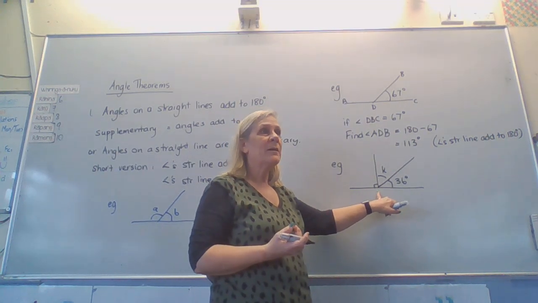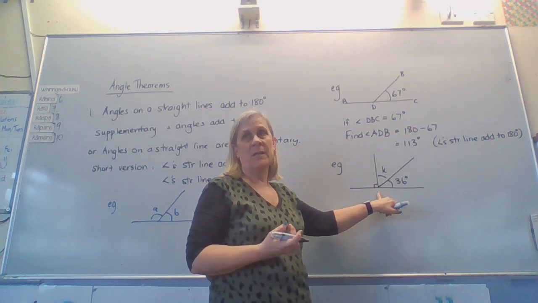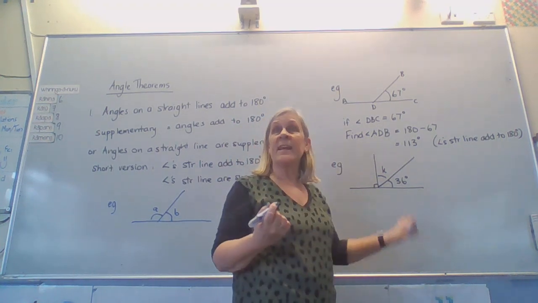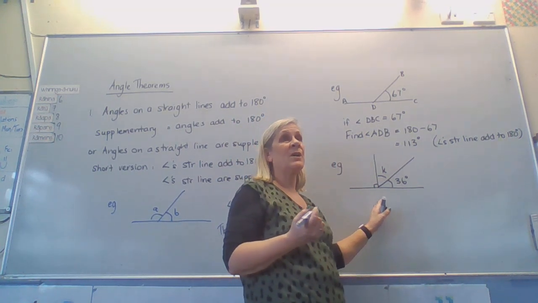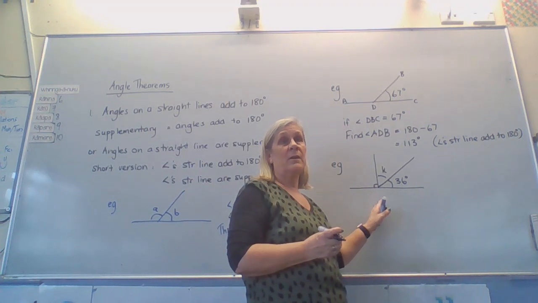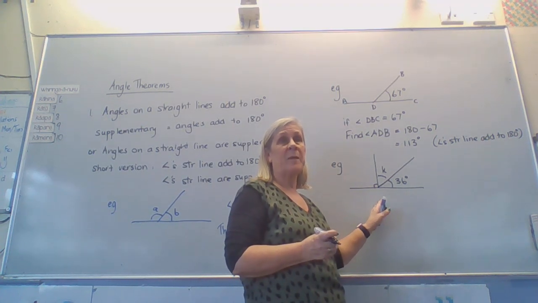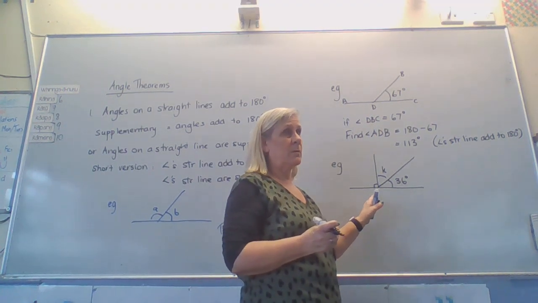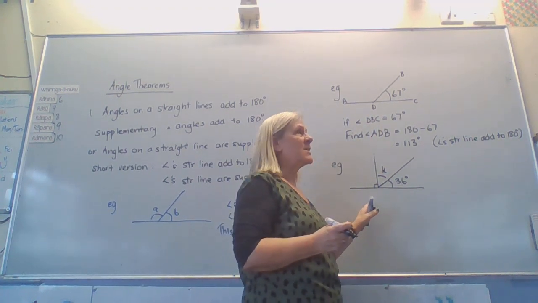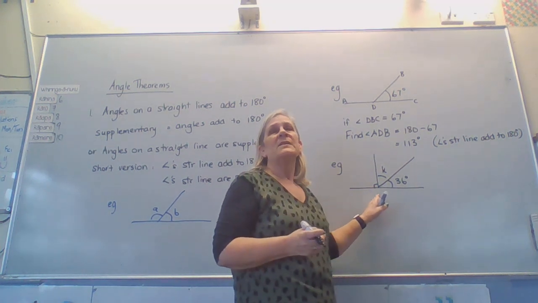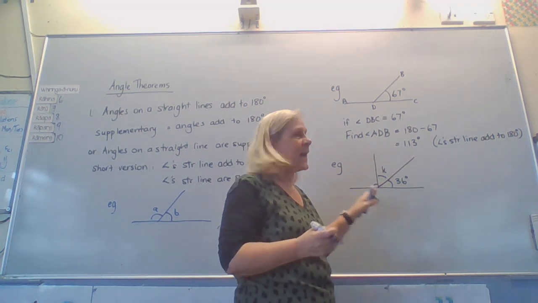Kelly? It's a right angle. All right, so we've got a right angle, and a right angle measures how much? How many degrees in a right angle? Something like 90. 90 is correct.